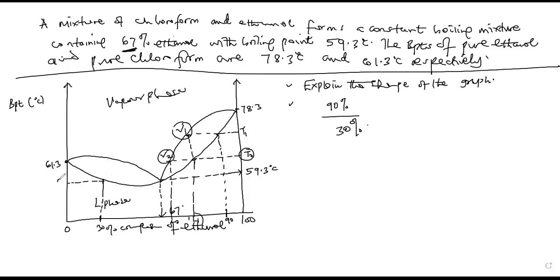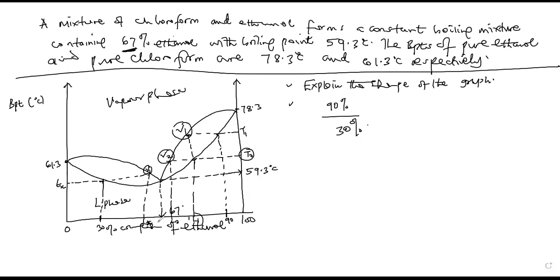It will boil at temperature, maybe Tx, producing vapor V1, but of a higher composition of ethanol now, because it is going to increase. So when it's condensed, it's going to produce maybe liquid LX of a higher composition of ethanol.